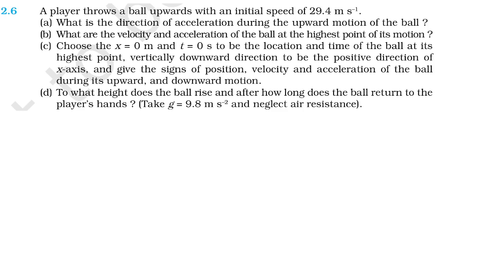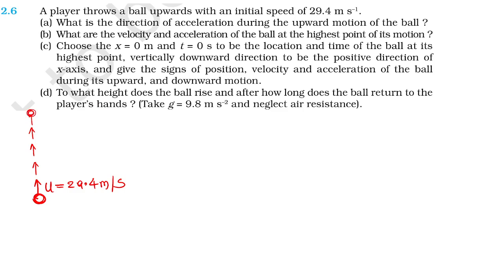Let us draw a rough diagram. A ball is thrown upward, right? A ball is thrown up with the initial speed 29.4 meter per second. You know that its velocity will be decreasing, and finally the ball will stop and fall down.